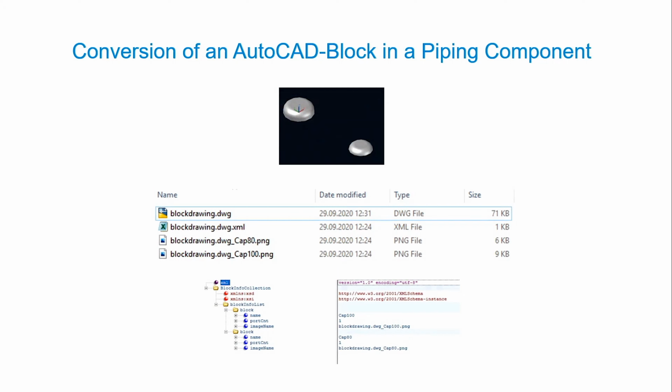Finally, I have created additional files which can be seen in the same location as the drawing. One XML file, and for each size a separate snapshot, which are PNG files. When opening the XML file, you will see the count of added ports and the associated PNG file for each block.